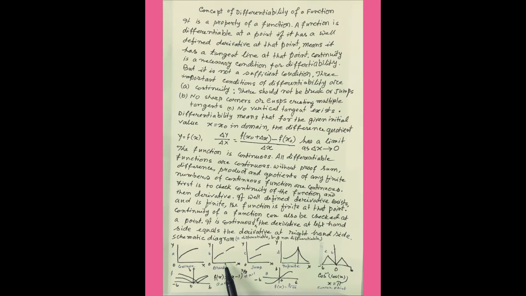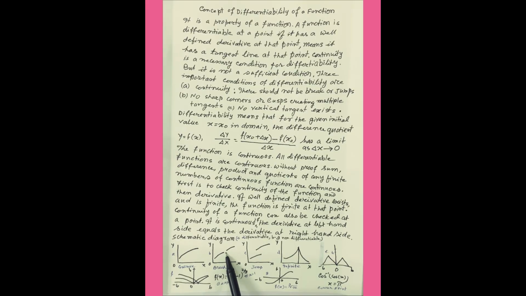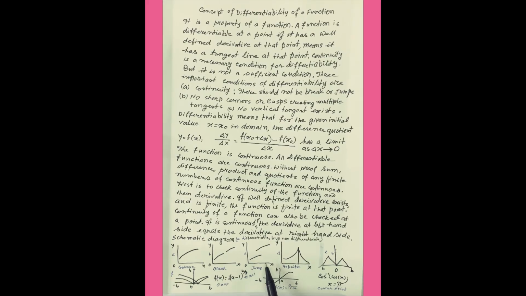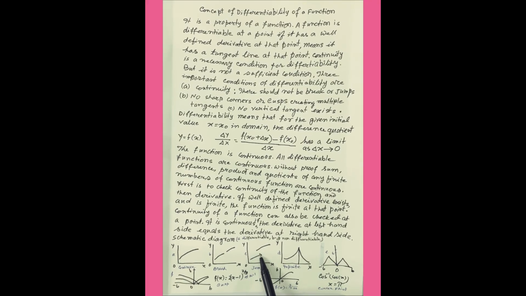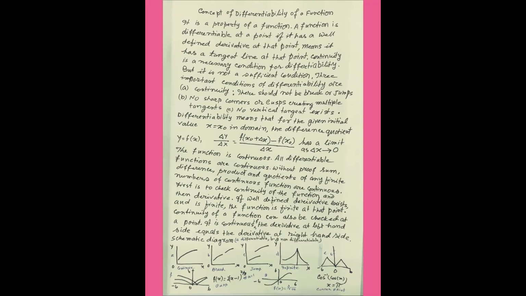Now diagrams B to G are non-differentiable. You see there is a break: the function breaks, then starts again. Then there is a jump. The function starts from here up to this point and then jumps, creating a gap, so this is also not differentiable.